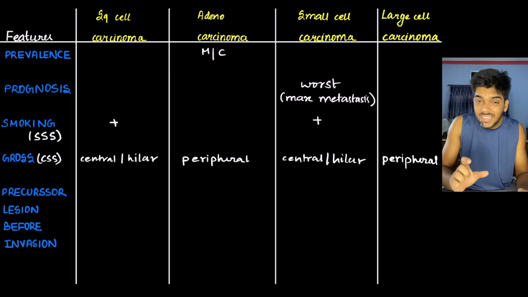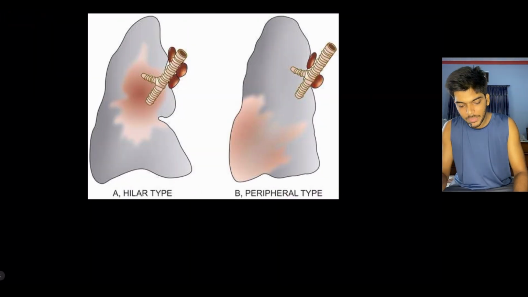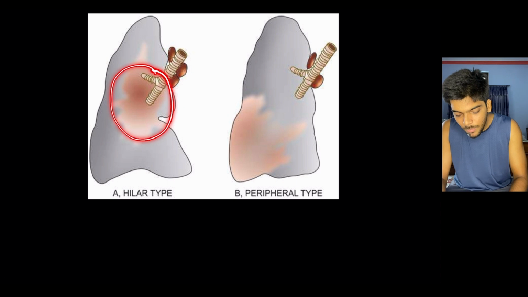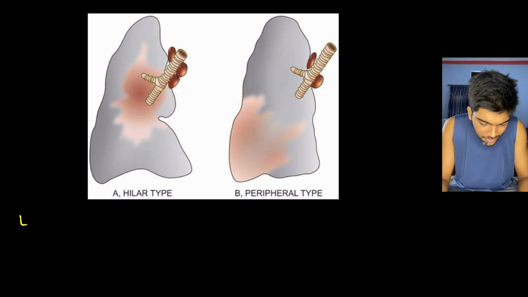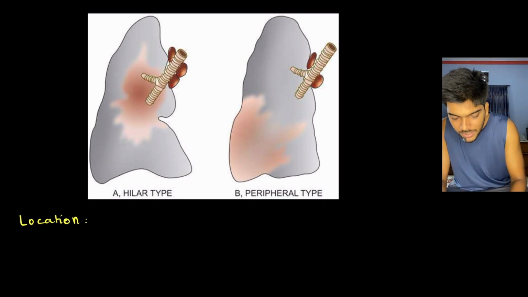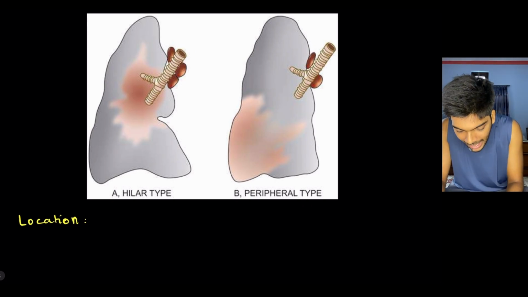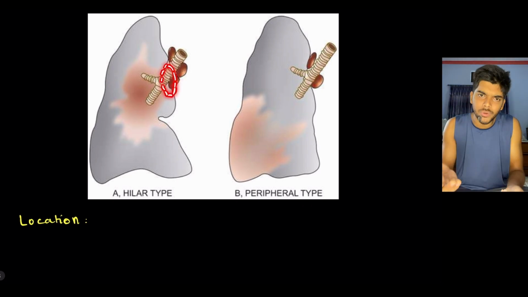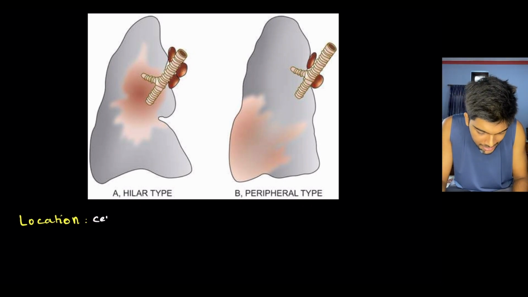Now, what is the main gross difference between central or hilar type and peripheral type? Let's see. This is the central or hilar type and this is the peripheral type. The obvious difference is in their location. So the central type is towards the center of the lung, so-called central type. Or it's towards the hilum of the lung, so also called hilar type. So location. It arises from the central bronchi.